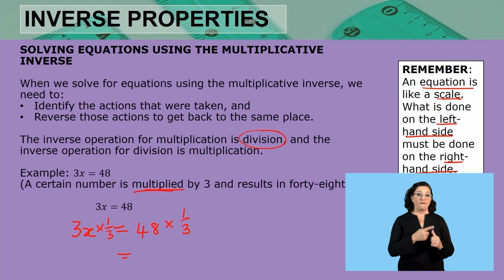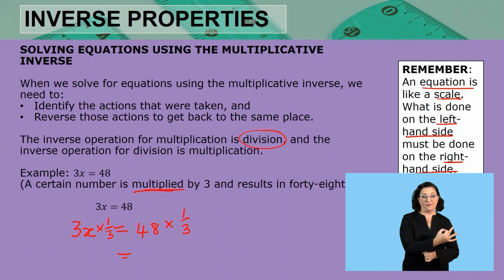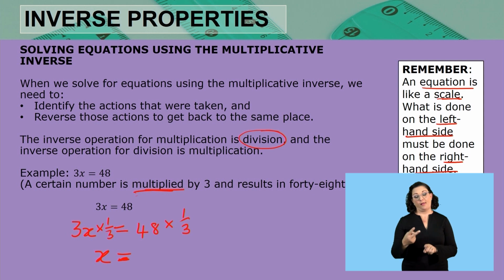Now, 3 multiplied by 1/3 is 1, so that gives us 1x, and that is going to leave us with just the x. And on the other side, 48 multiplied by 1/3 is the same as saying 48 divided by 3, and our answer there is going to be 16.